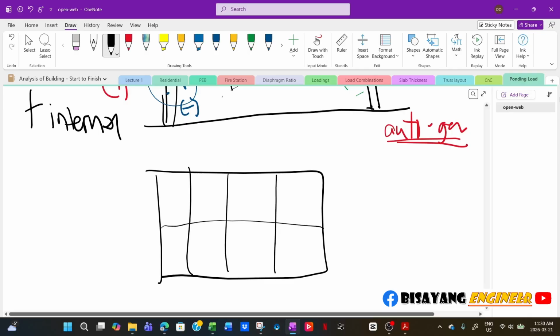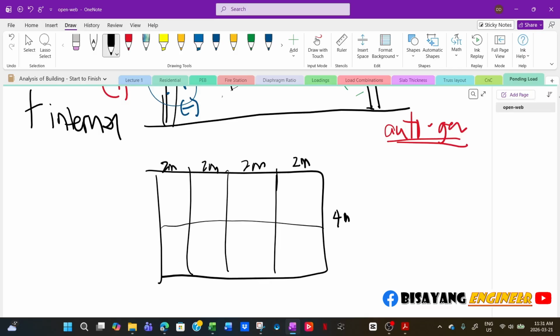Now, for example, residential houses back home, say this is 4 meters only, and the spacing is say 2 meters for the trusses, because houses are small like back home.